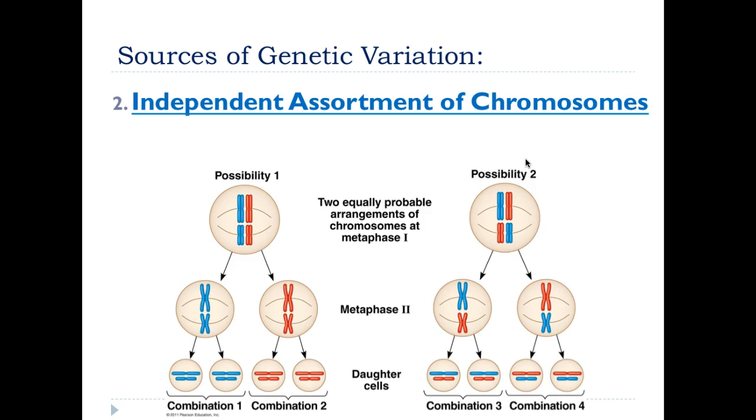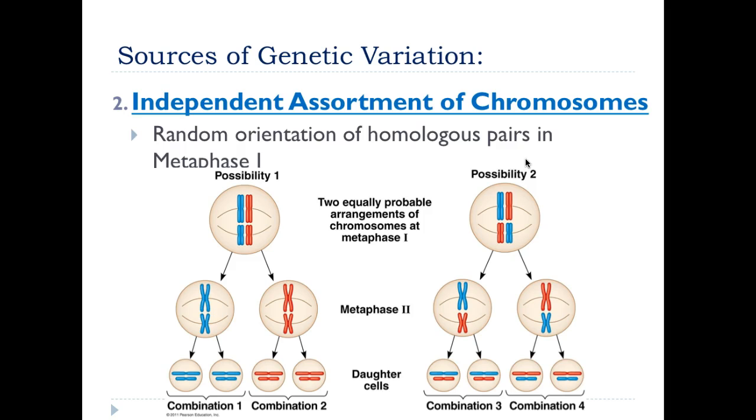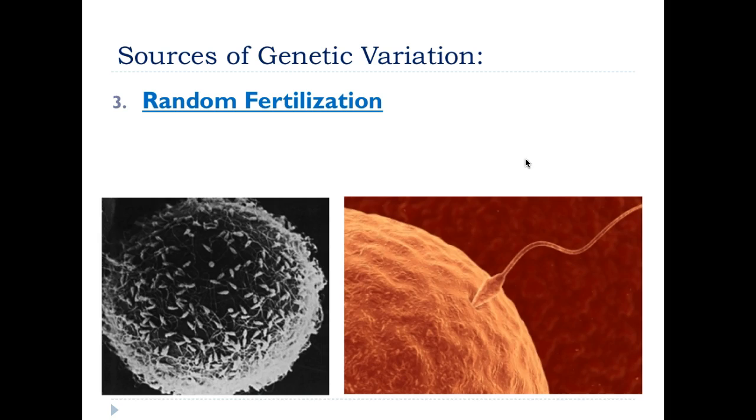So all possible outcomes are able to occur. So you have this random formation of cells with all possible outcomes of genetic combinations. Random orientation of homologous pairs in metaphase 1.